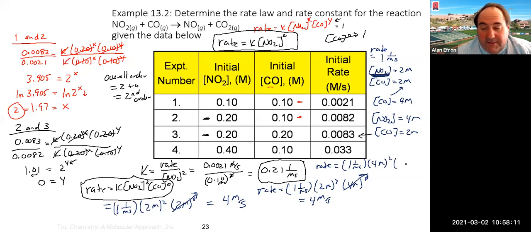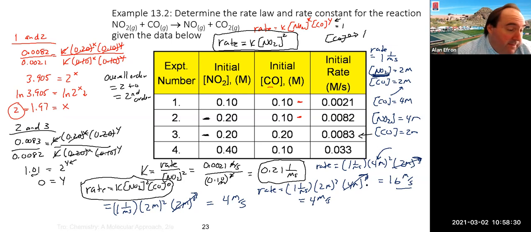And again, this is 0, still going to 1, but by doubling our concentration of NO2, we now will end up with a rate of 16 molar seconds. So we can see in this particular case, by doubling the NO2, our rate goes up by a factor of 4.